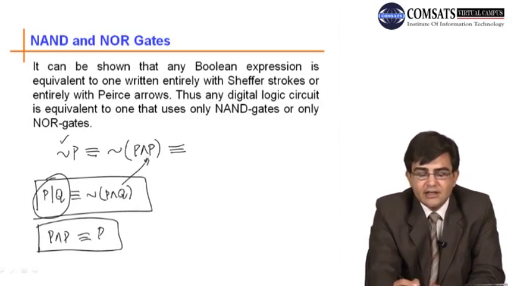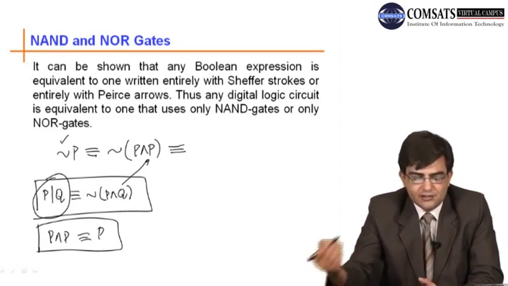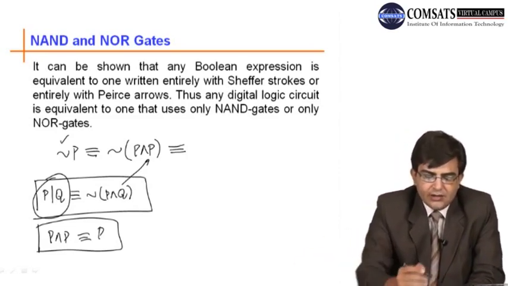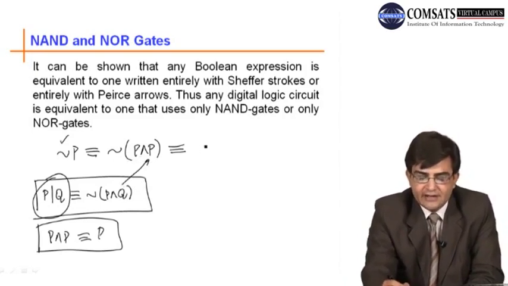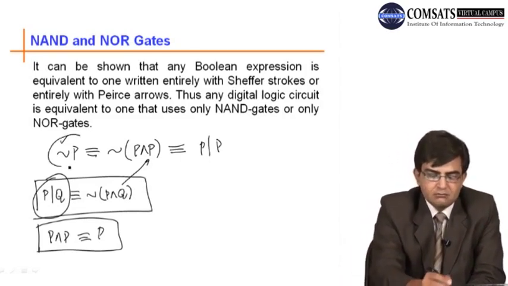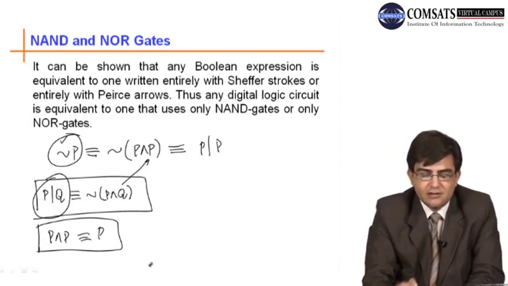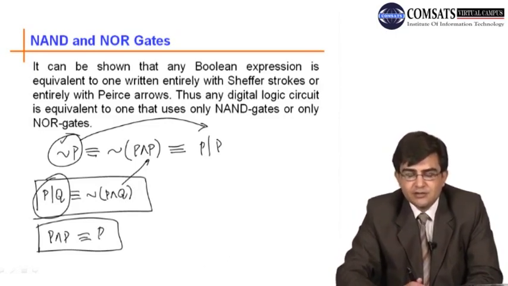So we try to construct the definition of the Sheffer stroke to convert this Boolean expression into an expression which contains only Sheffer strokes. So here we have not (P and P), and instead of Q we have P, therefore we can write it as P Sheffer stroke P. So not P is a Boolean expression, and this is logically equivalent to it, and we have converted it into a Boolean expression which uses only the Sheffer stroke.